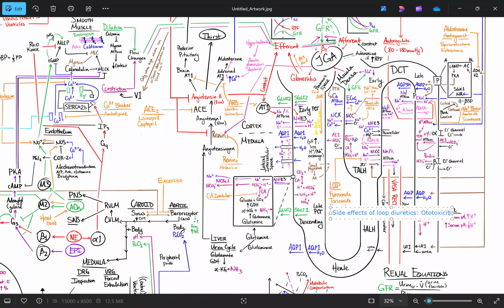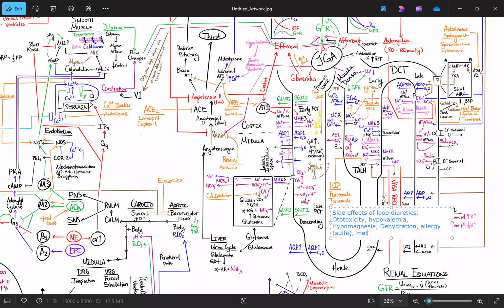Also, thiazide diuretics will inhibit NCC. As it inhibits NCC, there's a balance between Ca-ATPase, ENaC, NCX, NCC, and Na-K ATPase.